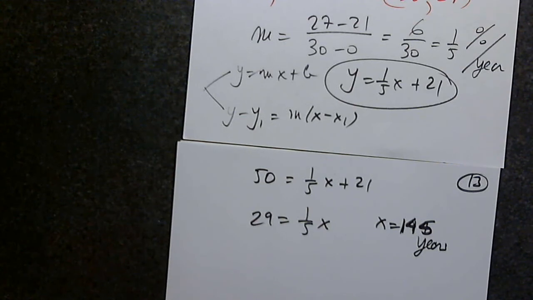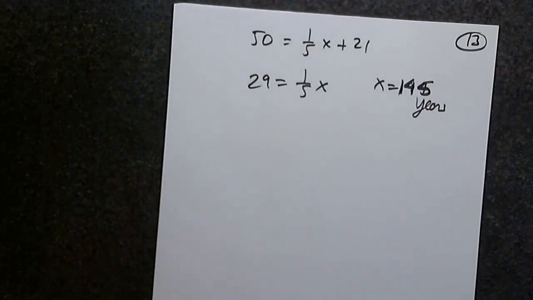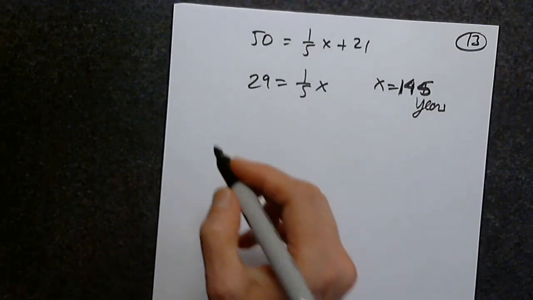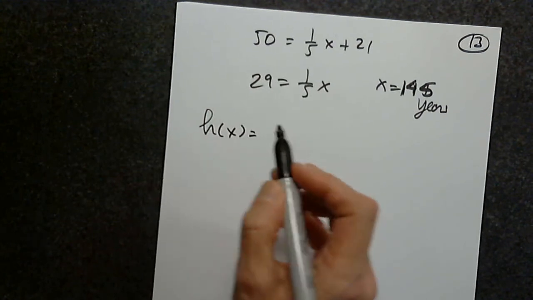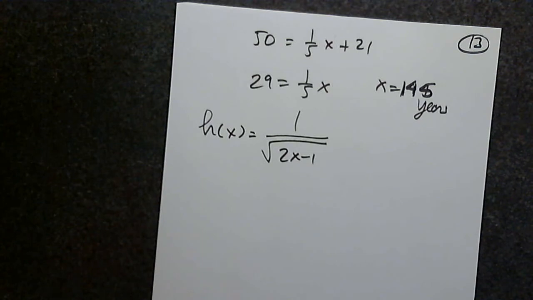Because we have only about 4 minutes left, let me choose problems that require just a blink. Let's say number 9. h of x equals 1 over the square root of 2x minus 1. So please bring this form with you on Wednesday so we can finish it, okay?